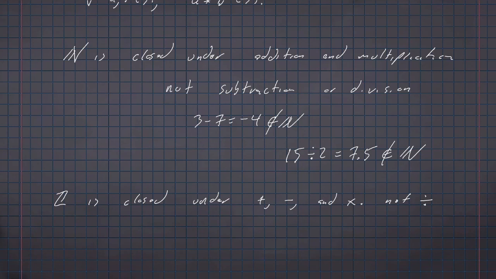And then the rationals are closed under all four: addition, subtraction, multiplication, and division. And for all intents and purposes, everything that you have studied in algebra can be done using just the rationals, everything involving addition, subtraction, multiplication, and division.